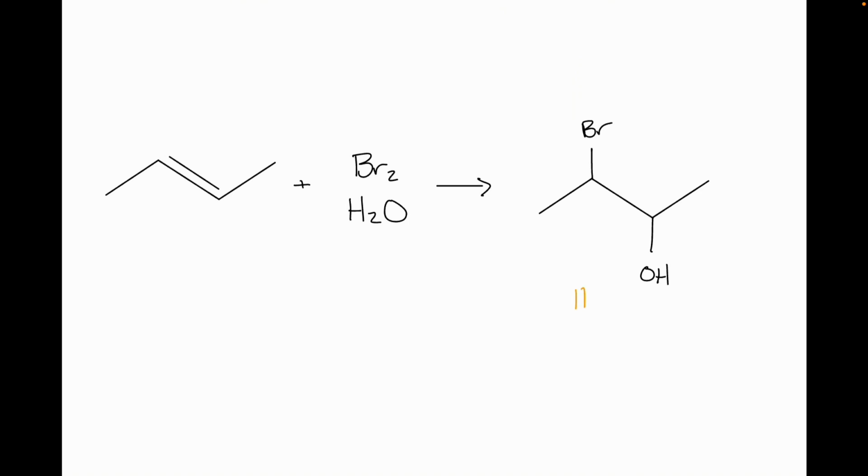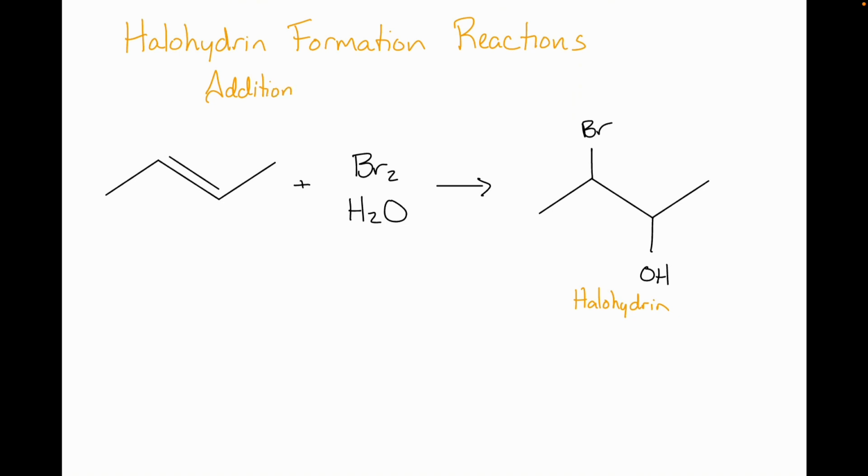This is what's called a halohydrin. This product here, where you have a halogen and an OH group. So these reactions are called halohydrin formation reactions. Again, an addition reaction of an OH and a halogen.